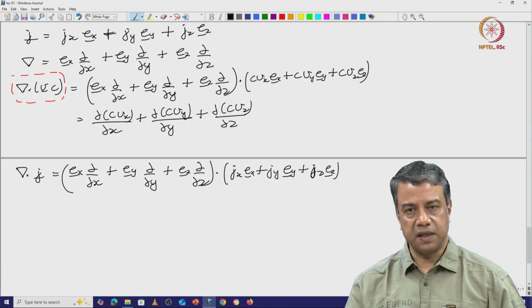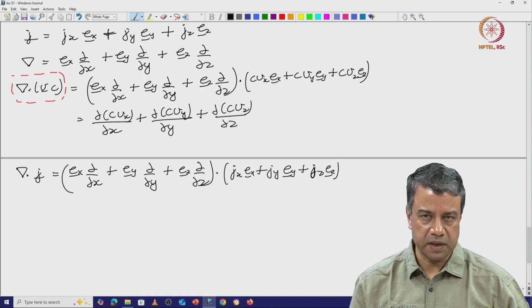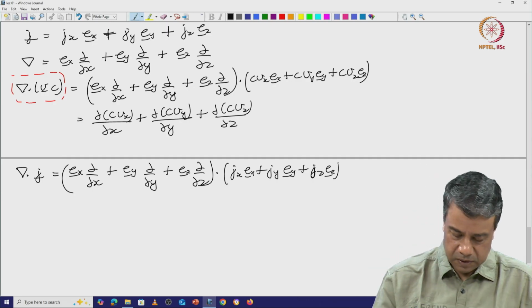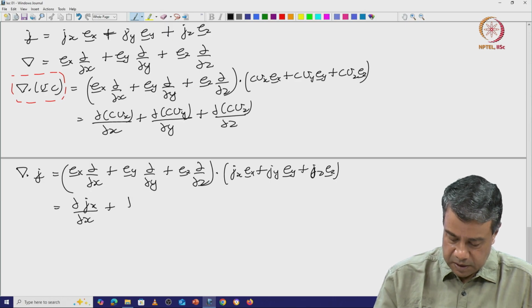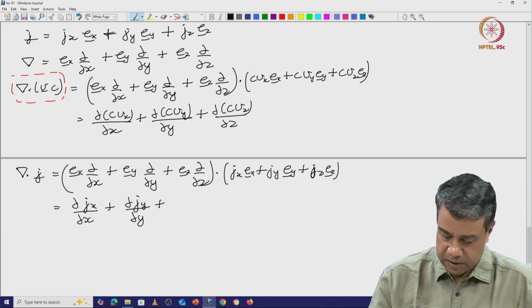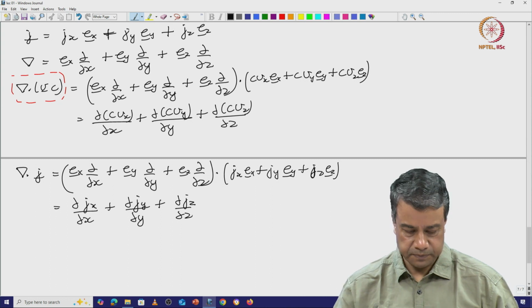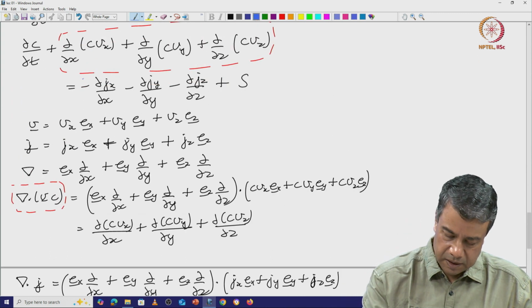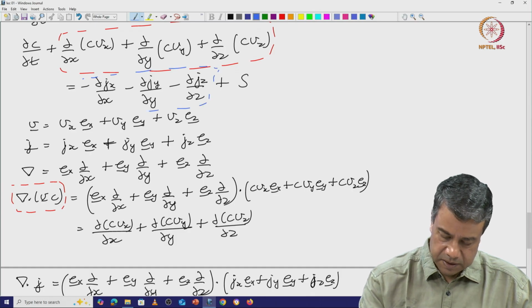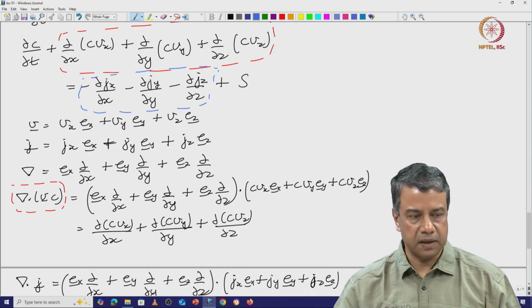Once again, Ex dot Ex is 1, Ex dot Ey is 0, Ex dot Ez is 0. So, you will get partial Jx by partial x plus partial Jy by partial y plus partial Jz by partial z, which is exactly the negative of what we had in here.